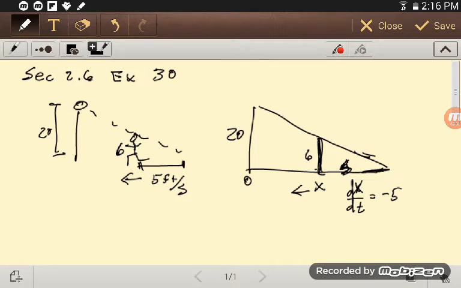Well, then I know that because of similar triangles, the ratio of S over 6 is equal to the full distance here from 0 all the way out to the end of this. So that would be that distance, x plus s, over 20.